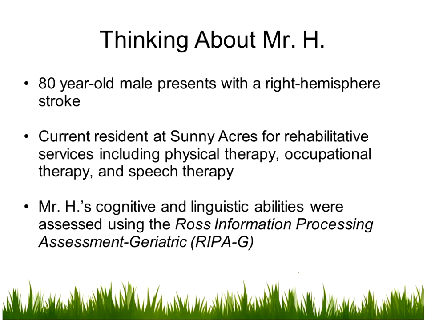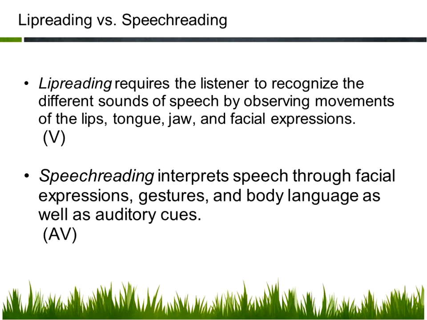His cognitive and linguistic abilities were assessed using the RIPA, Rating of Information Processing Assessment Geriatric, because he is experiencing information processing issues. So think about Mr. H as we go through this, and think about how Mr. H might or might not benefit from specific therapeutic intervention in terms of speech reading.